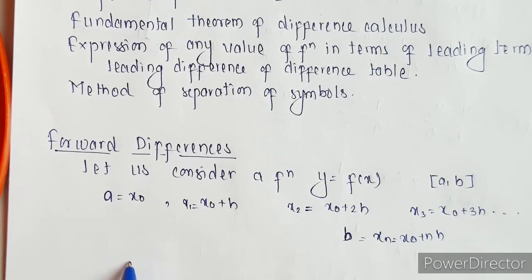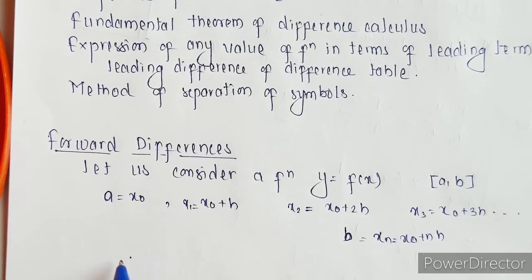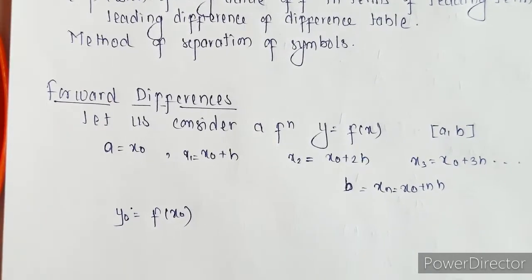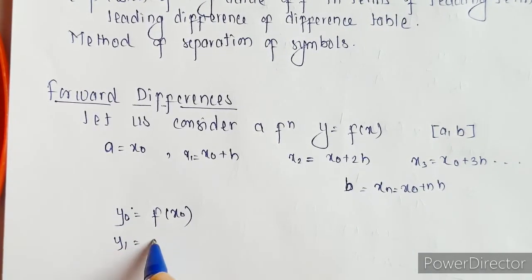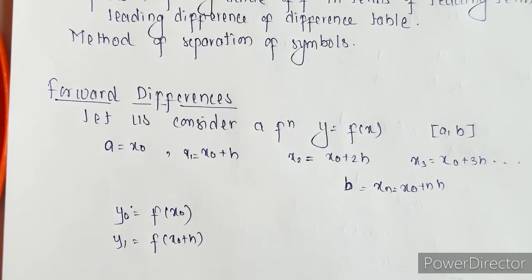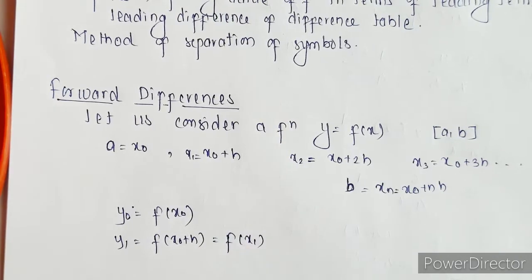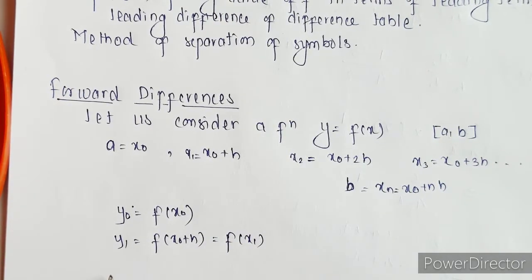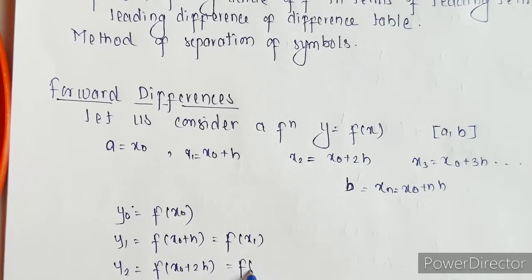Now y naught, because our function is y, so y naught is nothing but f of x naught. Then y1 is going to be f of x naught plus h, or f of x1. y2 is f of x naught plus 2 times h, which is nothing but x2.